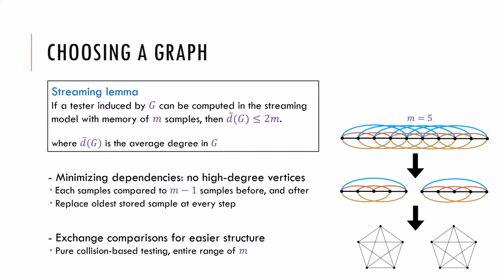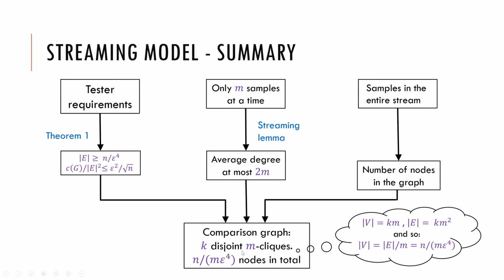So let me just sum up, because this is the correct graph to choose for this model. This would be a little bit like that when we squeeze it into the generic recipe. The tester requirements stand for Theorem 1, and we know how they look. But specifically for the streaming model, we have this heuristic and this streaming lemma that said, if we can only store m samples at a time, this means that the average degree is at most 2 times m.